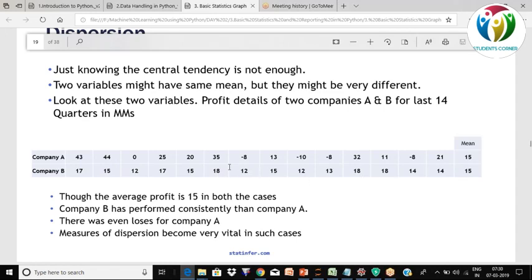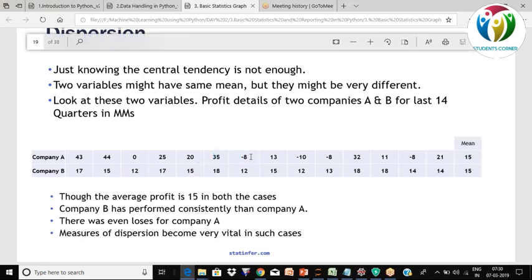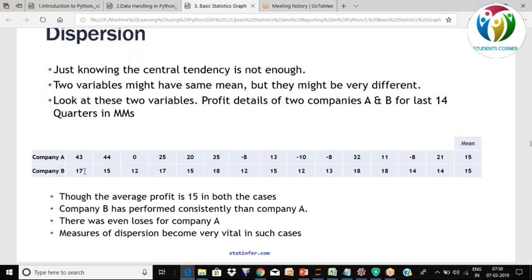If there are negatives, that means you have purchased one stock for 35 rupees, and it had dropped to -8. You will lose the money in that case. But given a chance, I would put my money in company B because I see that it is performing consistently.